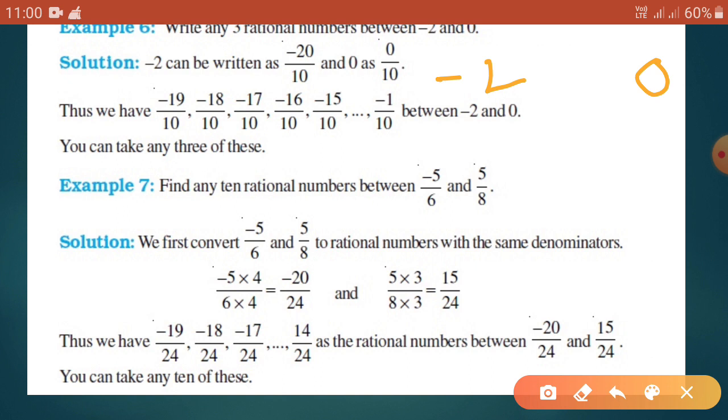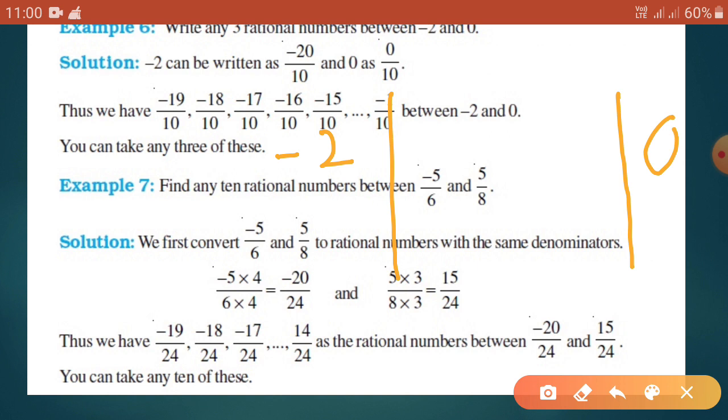So I am giving you one simplest method. Whenever you have to find the rational numbers between two numbers, at first write it this way: minus 2 and here it is 0. Now we have to find three rational numbers between these two rational numbers.